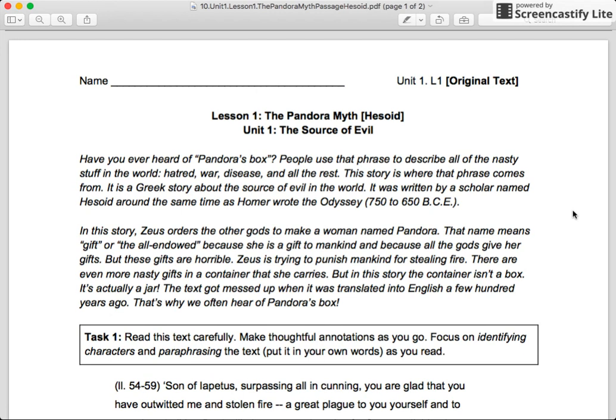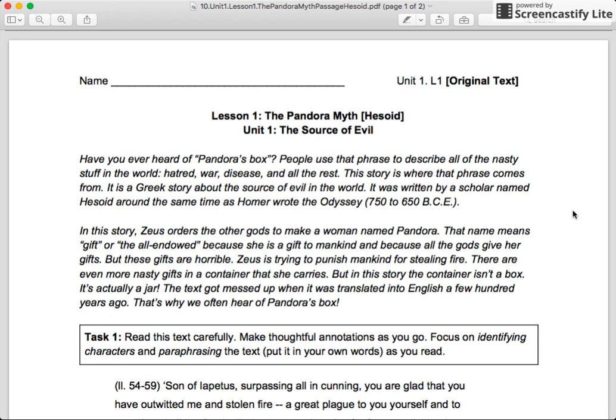So in this unit, we are asking the question, where does evil come from? Why is there evil in this world? And we're looking at different texts that different cultures over time and different authors over time have written to help answer that question, because it is a burning question that every society and culture and age really has had to ask themselves.